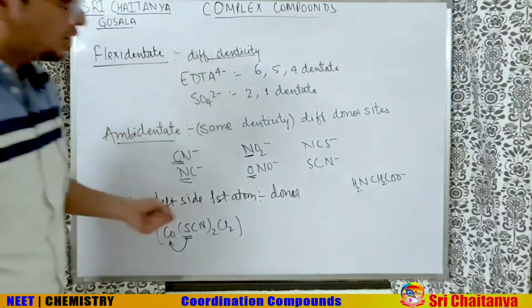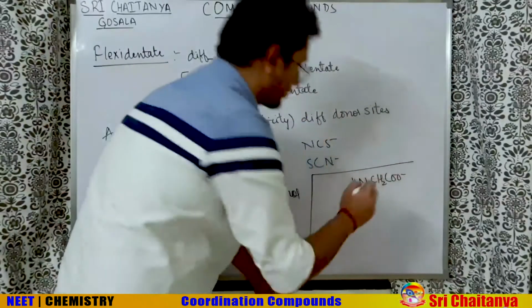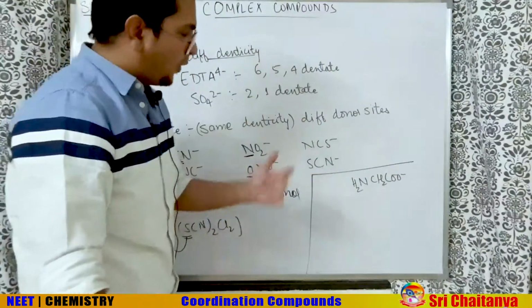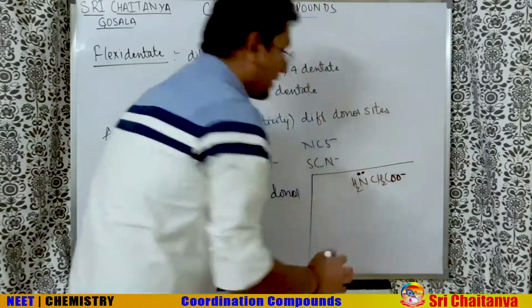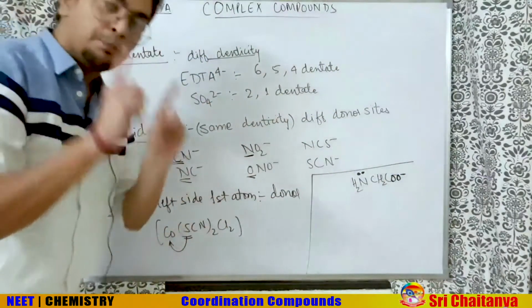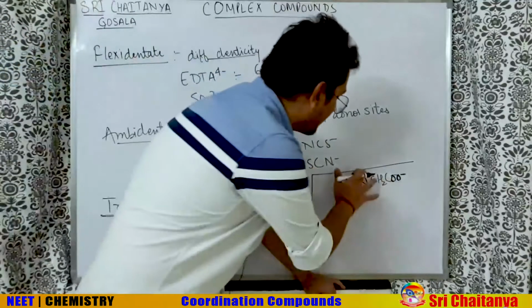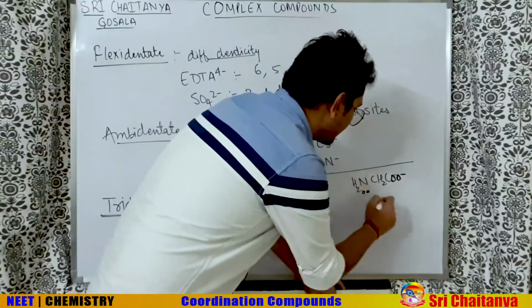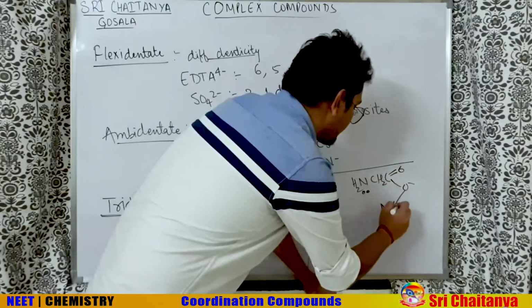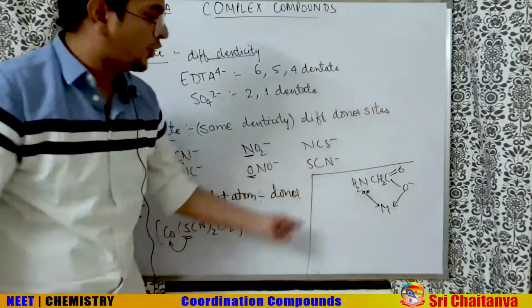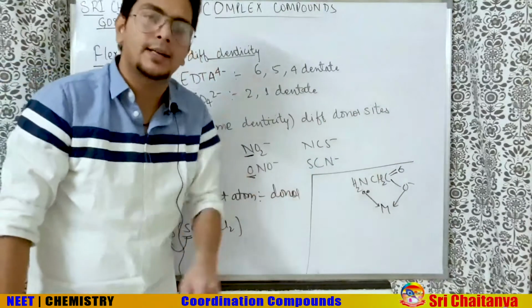And one important thing also I will tell you, some people have this confusion also. This is glycinato. They say, sir, glycinato also has 2 different donor sites, right? Yes, there are 2 different donor sites, but at a time both of them are forming the bond simultaneously. If this is the central atom, then this oxygen and this nitrogen both are forming the bond with the central atom simultaneously.